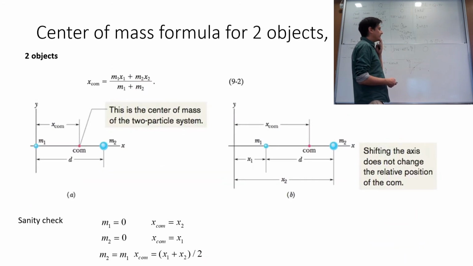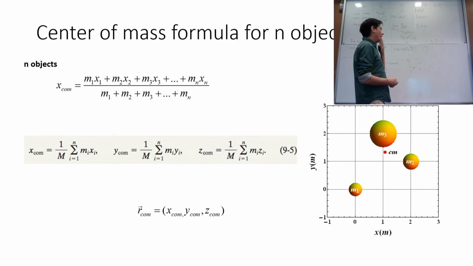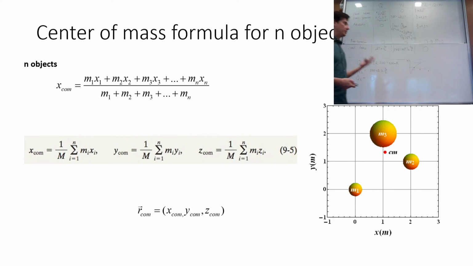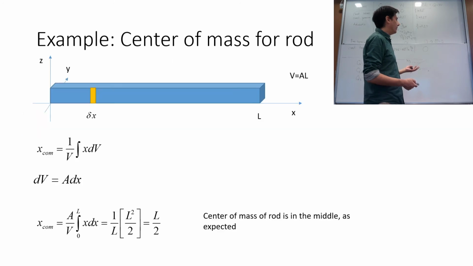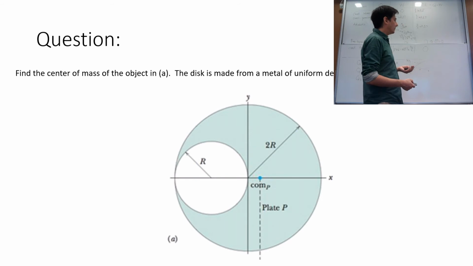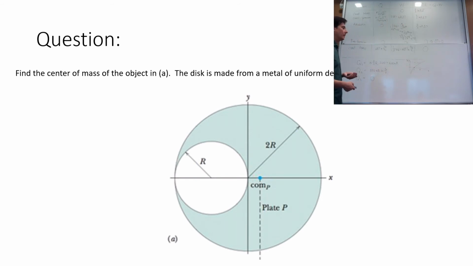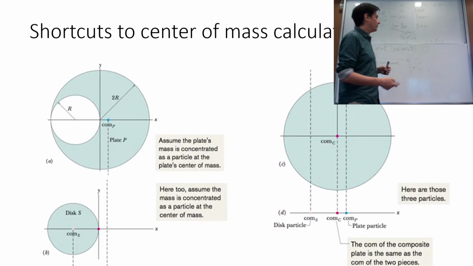For center of mass, I think in this chapter the main concept is to use center of mass, and then you realize this connection with momentum. So this is a more complicated example of the center of mass.